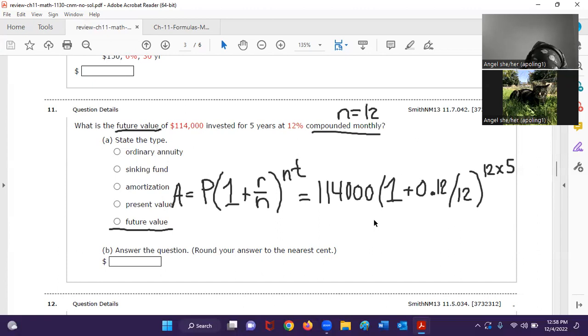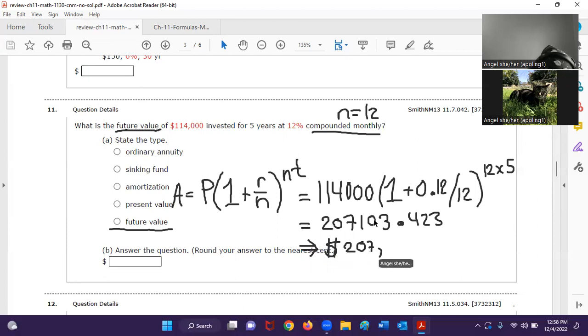And otherwise, you stick that in your calculator, you get 207,103.423. So we have $207,103 and 42 cents. So always look at the next decimal place so that you can round to the nearest cent.